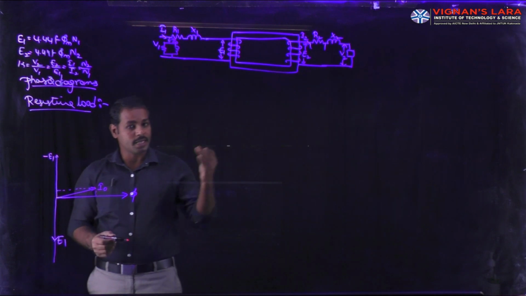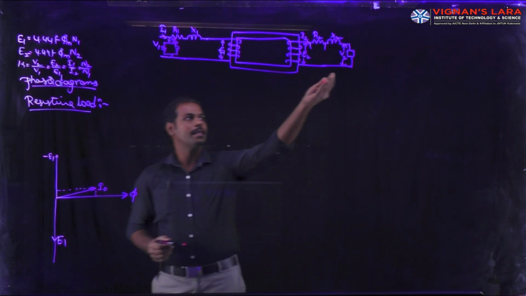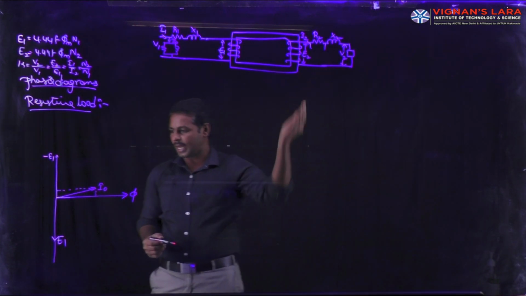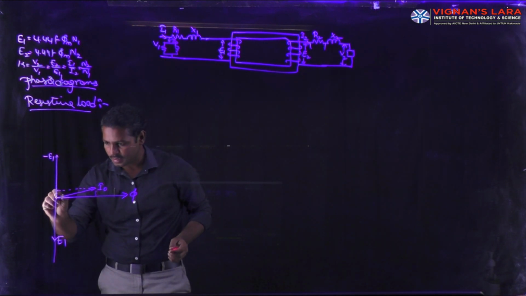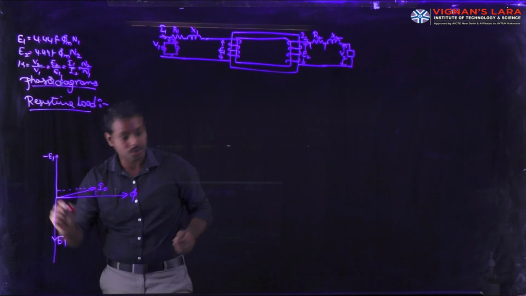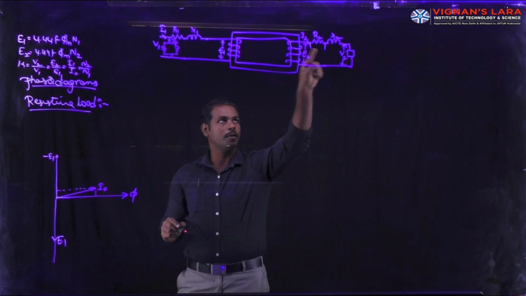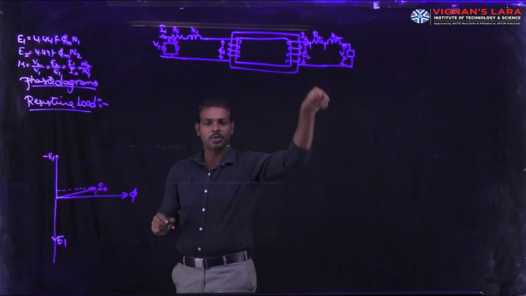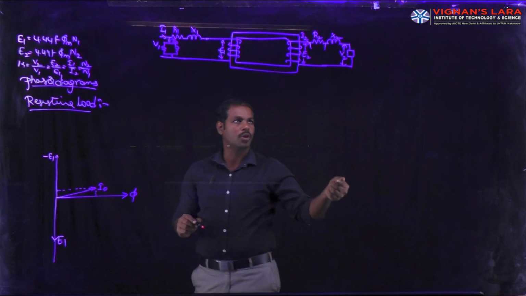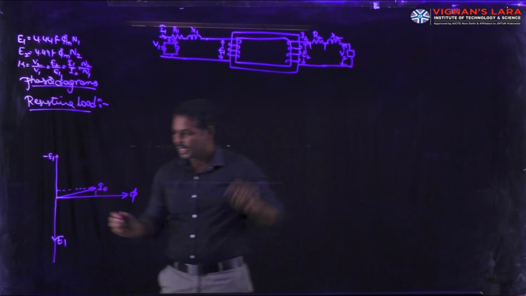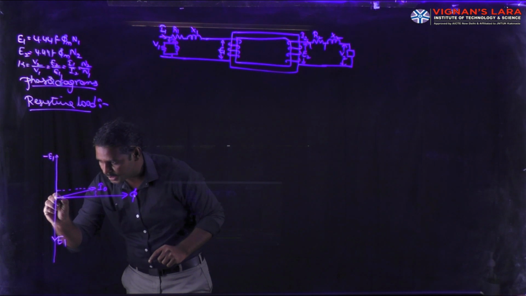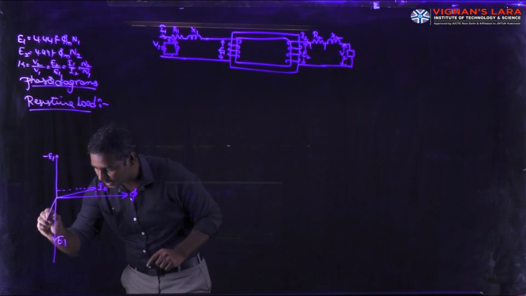So whenever the transformer operates on resistive load, that means voltage and current are both in phase. The voltage across the load is V2, and the current flowing through the load is I2. When we connect the resistive load, voltage and current are in phase.